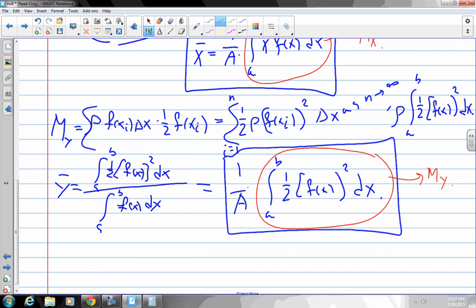The bottom part is simply the area under the curve. And I'll give you those formulas on the test. You don't need to memorize them. You'll have the centroid formulas.